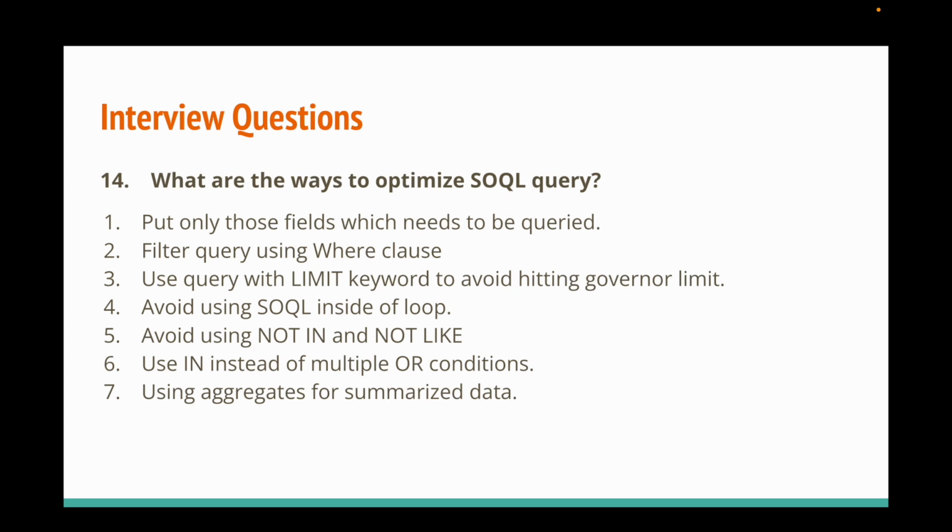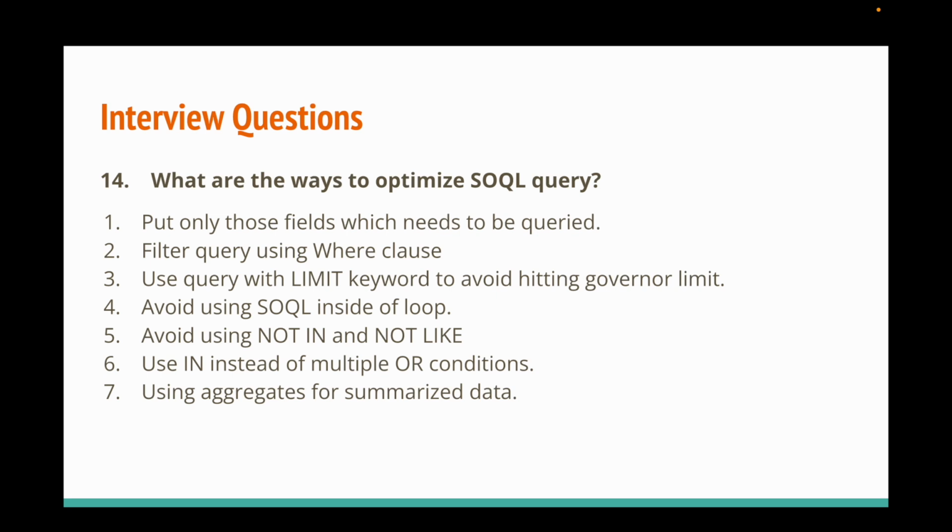There are a number of ways using which we can optimize a SOQL query, such as we can query only those fields which need to be queried. Then we can filter queries using the where clause. We can use the limit keyword to avoid hitting governor limits. We can avoid using SOQL inside a for loop of any trigger or Apex class.